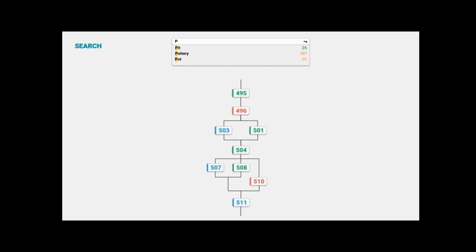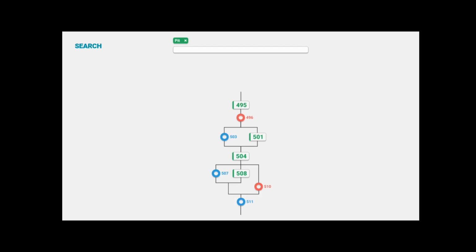The last technique I would like to discuss is a search technique, an interactive search technique. Since this interface is connected to the database, you can enter a search term. You will get a proposition of possible matches alongside the count of the corresponding stratigraphical units. When you select one of those matches, those stratigraphical units you're not interested in would zoom out or filter out.